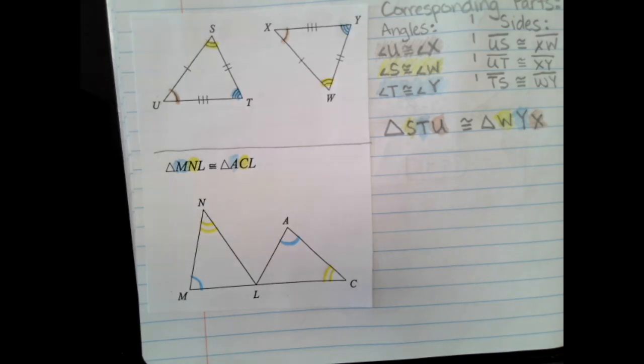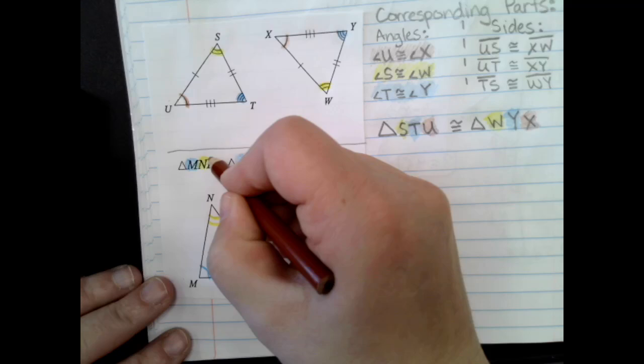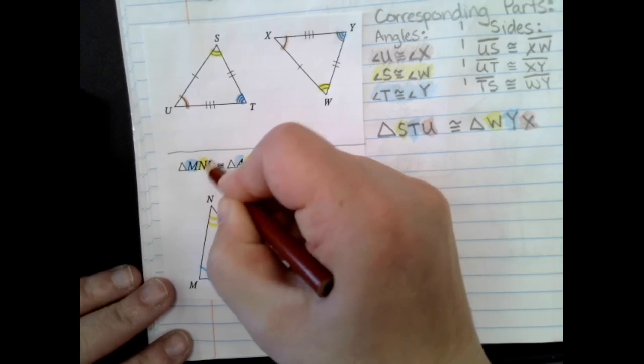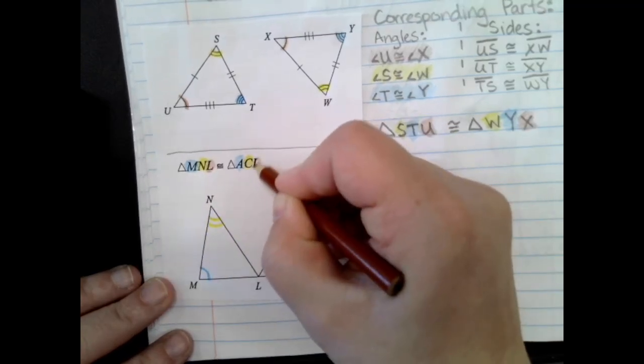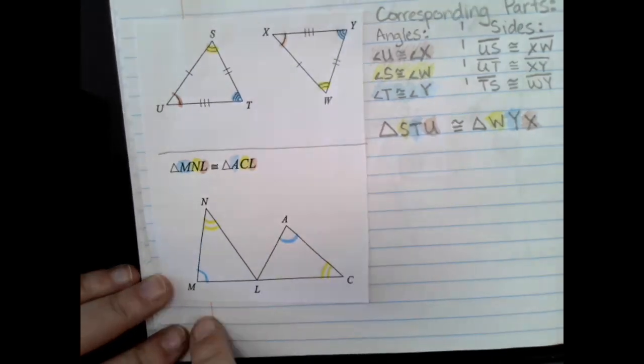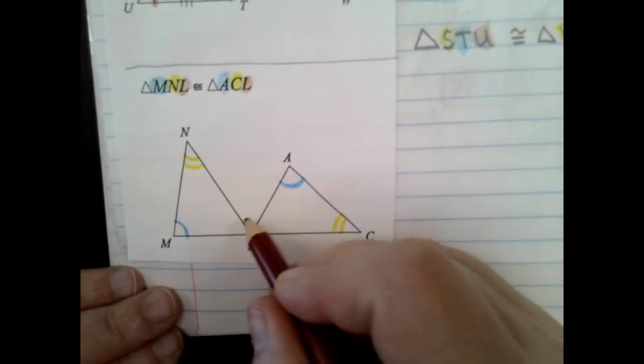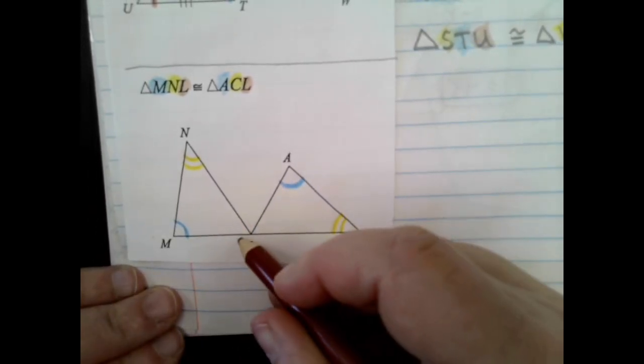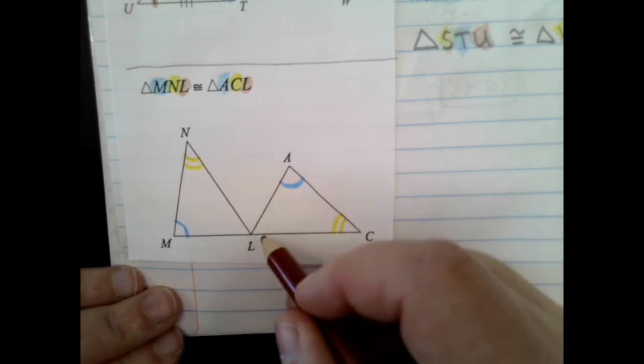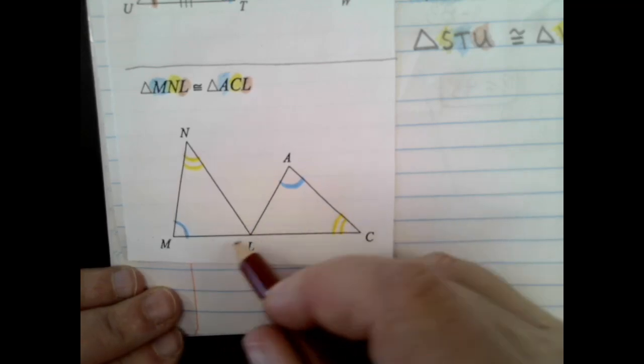And then our last angle, L goes with L. But when you look at L, we can't just say angle L. How come I can't just say angle L? How many angles are down there? Yeah, there's like 3 angles, or we could even look at this big angle. There's lots of angles.